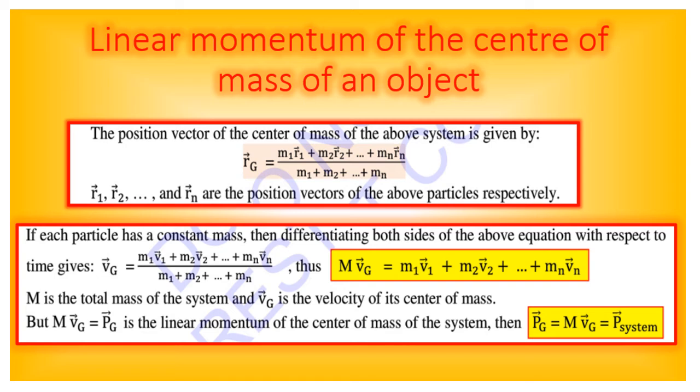Consequently, m vg equals summation mi vi, but m vg is the linear momentum of the center of mass of the system. Thus, we get a conclusion which says that the linear momentum of a system Pg equals m vg equals the linear momentum of the center of mass of this system.